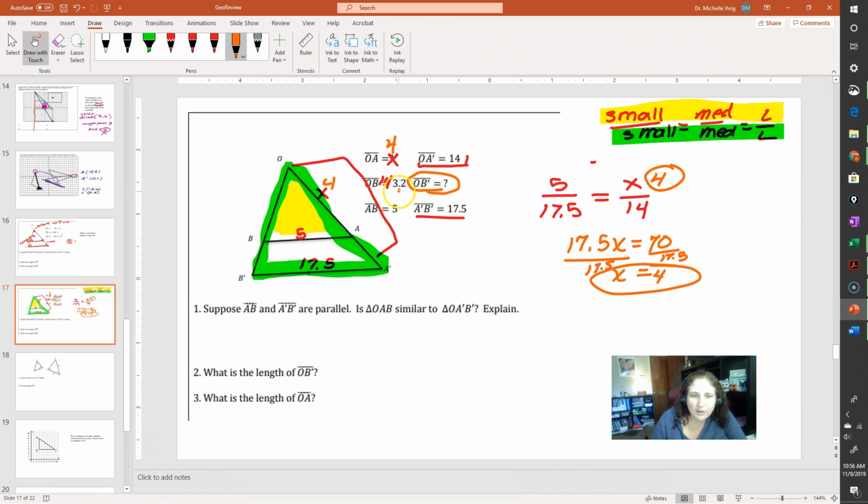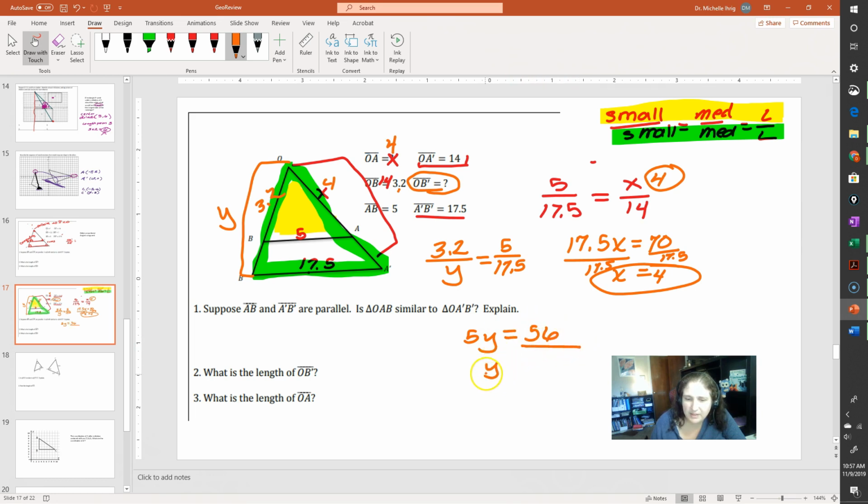Since we already know that OB is 3.2, I'm going to make this long thing be our Y. So we'll just, again, map it up: 3.2 over the whole thing Y has to equal 5 over 17.5. Hey Google, what's 17.5 times 3.2? The answer is 56. Hey Google, what's 56 divided by 5? The answer is 11.2. Okay, and then now we have our Y value.